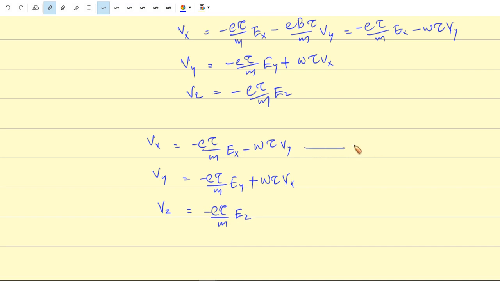This is equation number 4, this is 5, and this can be put as equation number 6.